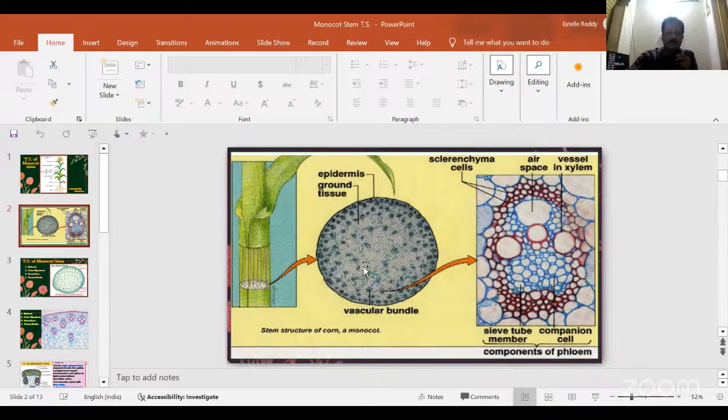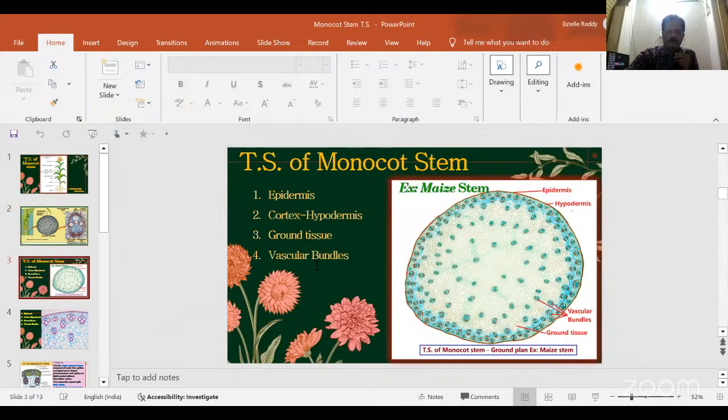TS of monocot stem shows epidermis, cortex, ground tissue, and vascular bundles.